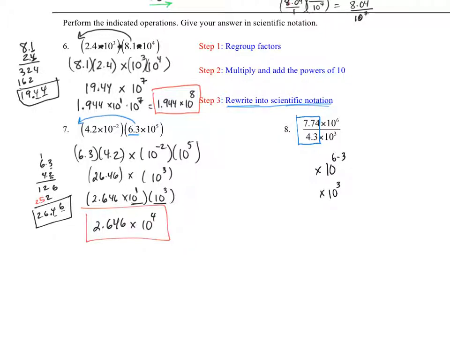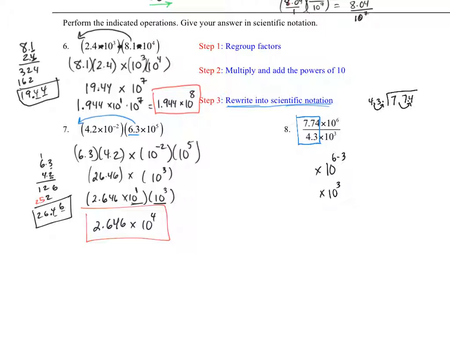So I would take 7.74, and I'm going to divide that by 4.3. And when we're dividing with a decimal, it's easier just to rewrite that as 77.4 divided by 43.